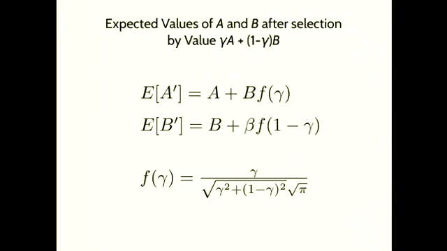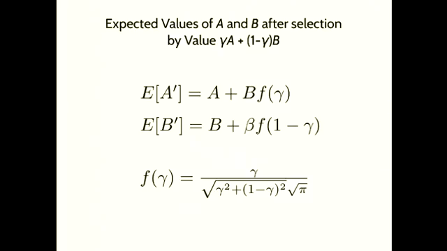And what happens, the expected value of the B is what it was before, plus the standard deviation of the mutation we applied to it, multiplied by this function of 1 minus gamma. The A value, again, increases in expectation by the previous B value multiplied by the same function of gamma. So this thing is giving us a trade-off between the rate at which we expect A to increase and the rate at which we expect B to increase, in units of the mutational standard deviations that we're applying.